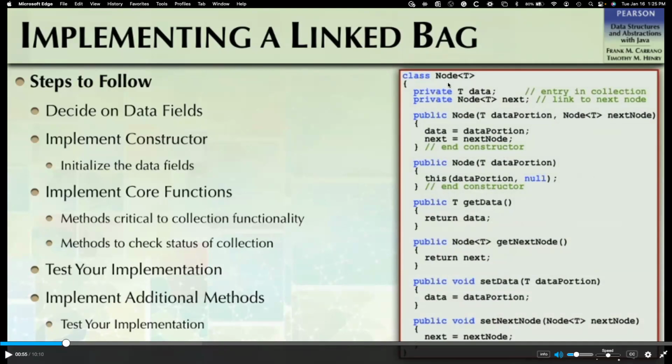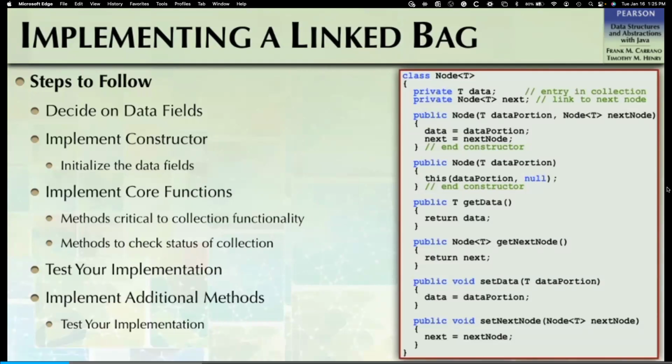And if it's not the last item, there's a pointer to the next one in the chain. Just like one chain link fits into another, it only knows about that next chain link. We're not going to define the node class as an inner class. We will keep it as its own class.